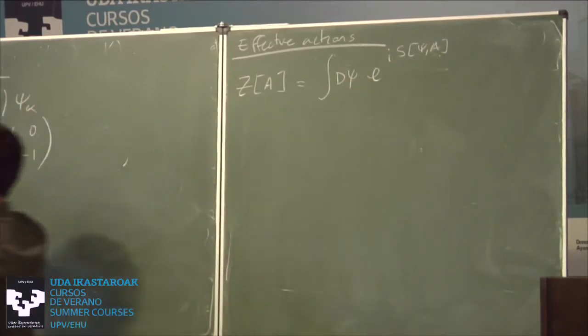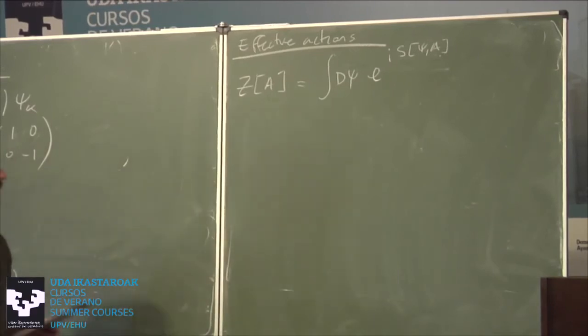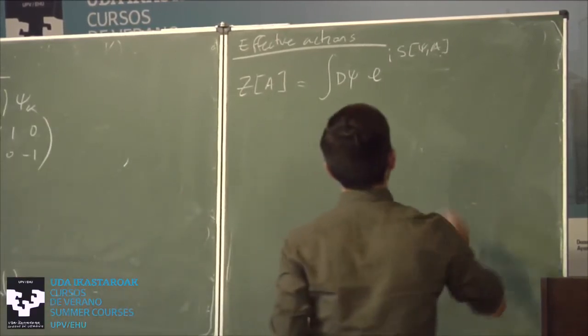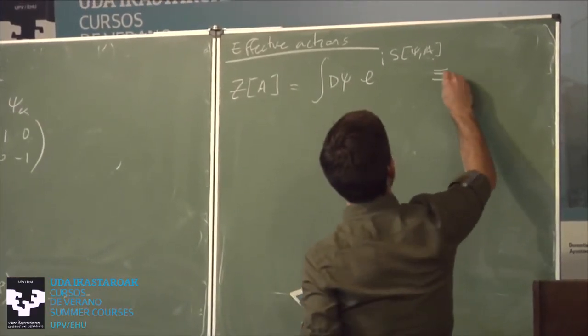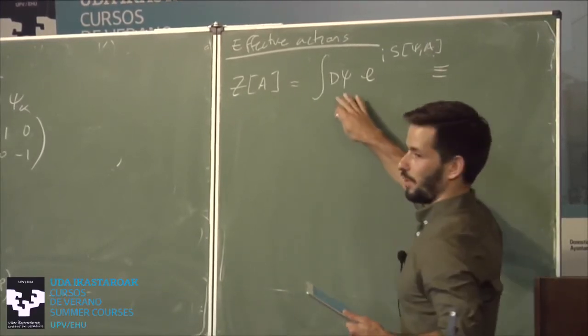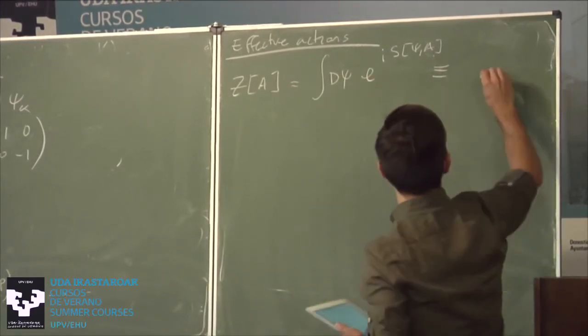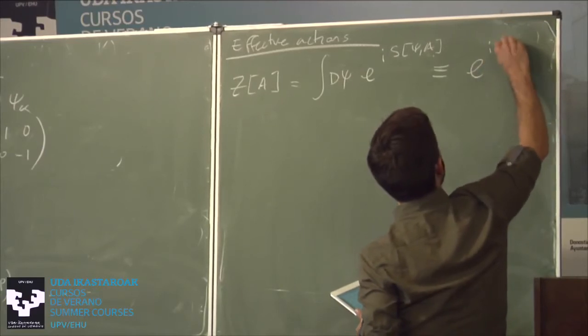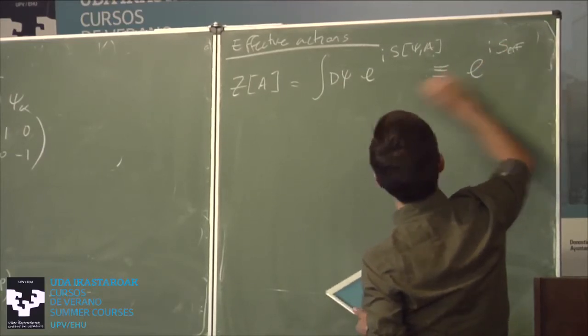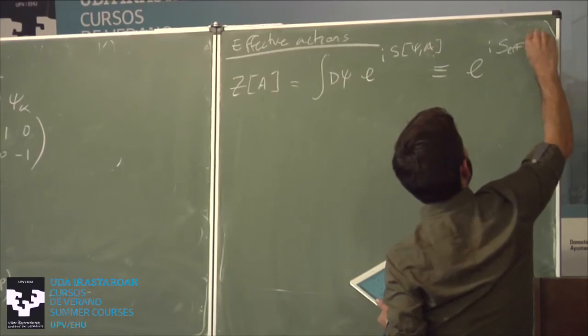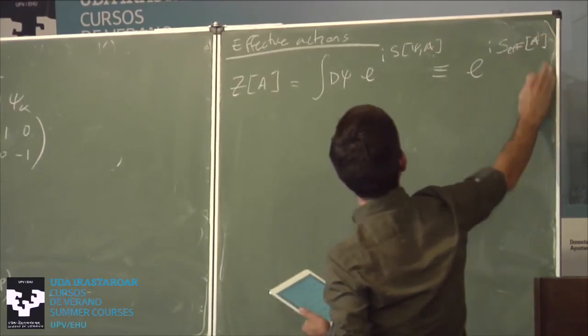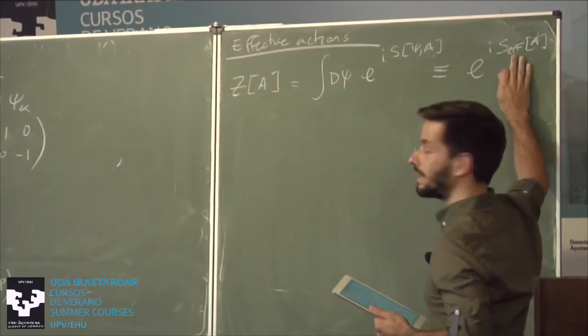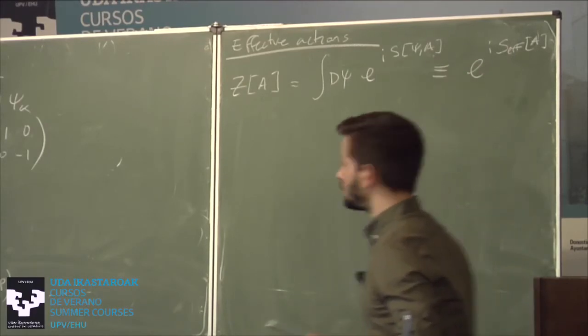In this case, it's going to be this one, but whatever action I can think of. The effective action is essentially saying, let me suppose I can do this integral, and let me write something that looks like an action, but I already did this integral. So I'm going to define it as this object, and I'm trying to calculate it perturbatively in A.